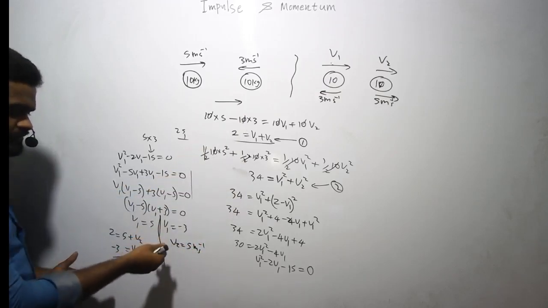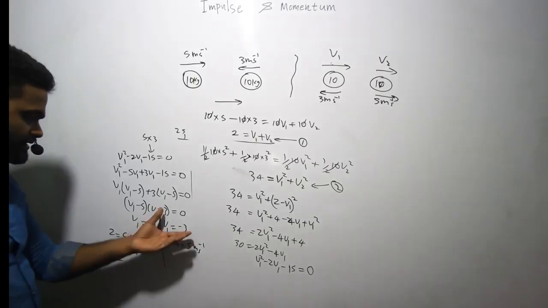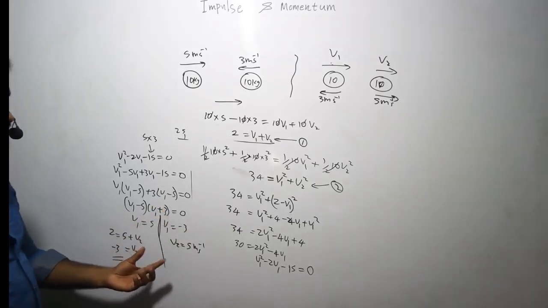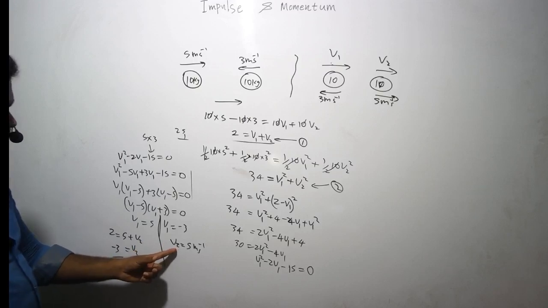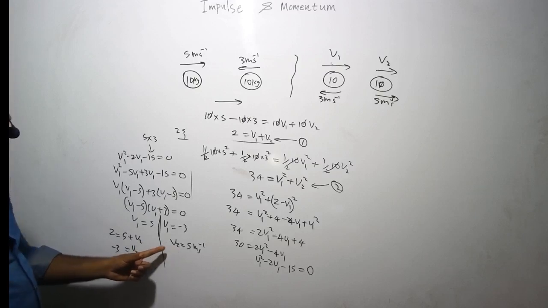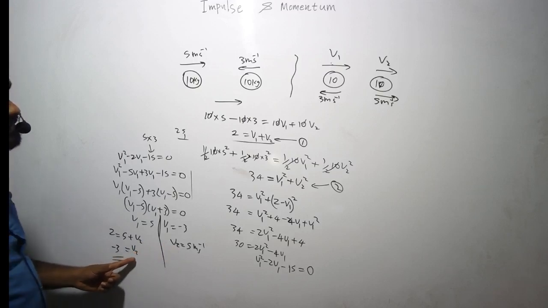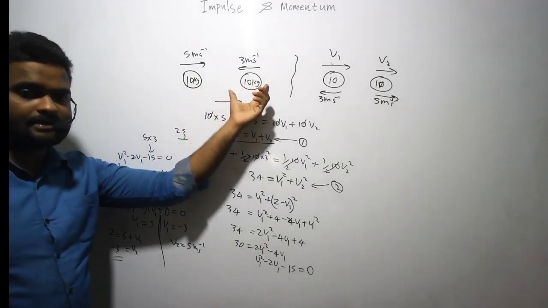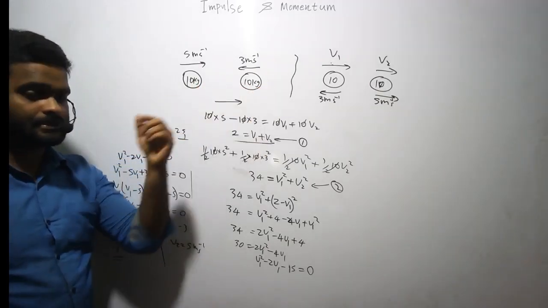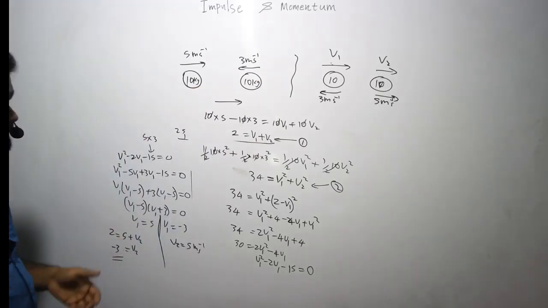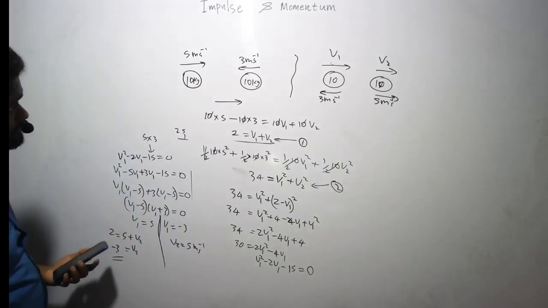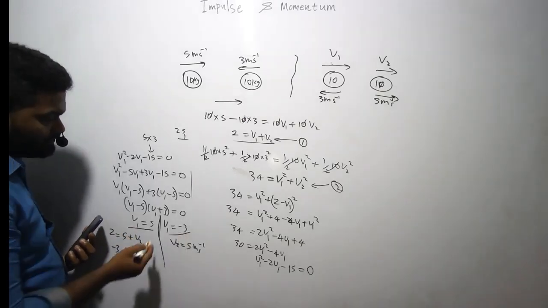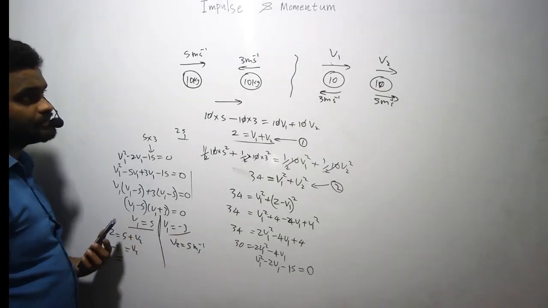So which set of answers is correct? Is it this one or this one? Right? So V2 is minus 3. V2 means the velocity after colliding, at 3 meters per second. So V1 is 5 here, and V1 is minus 3 here.